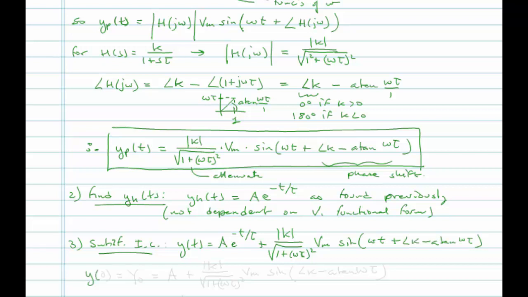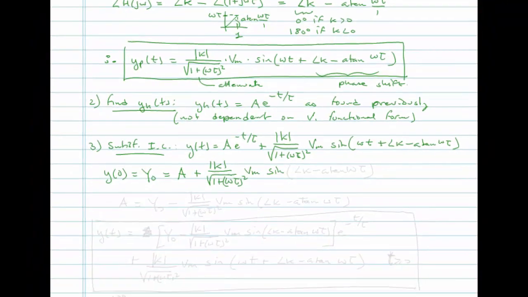Okay, and we'll set t to 0, so at time 0 we have this equaling capital Y sub naught, which is our initial condition up here, and this will have to equal A plus the absolute value of k over the square root of 1 plus omega tau squared, times Vm, times sine of the angle of k minus arctan of omega tau. So we can solve for A as being equal to y sub naught minus this big expression.